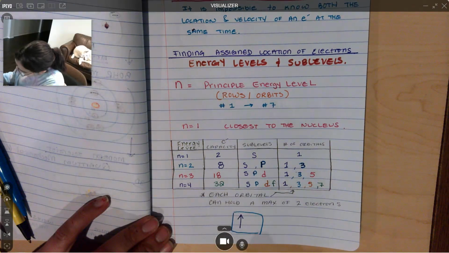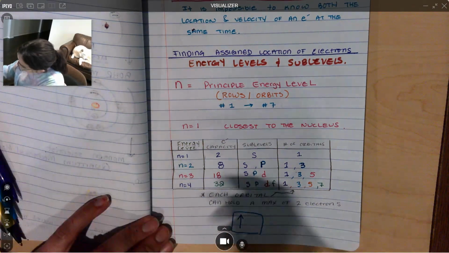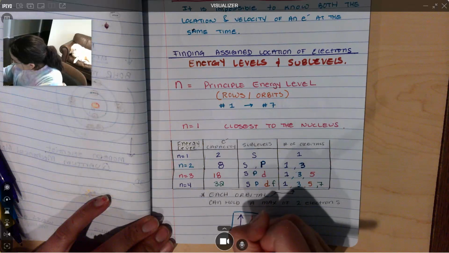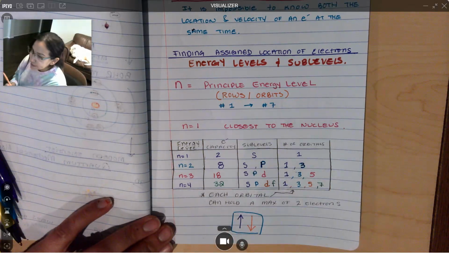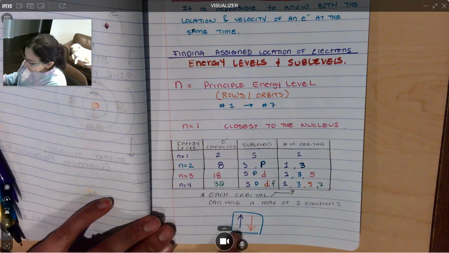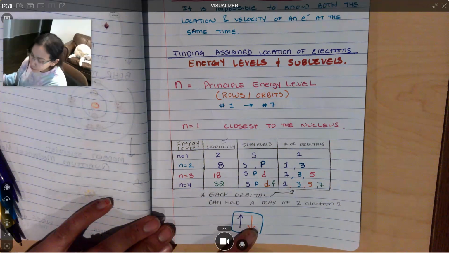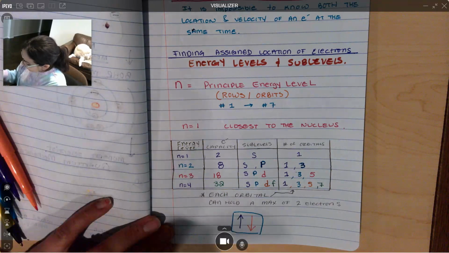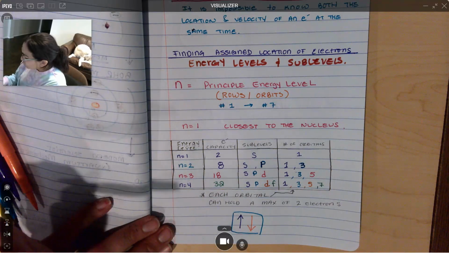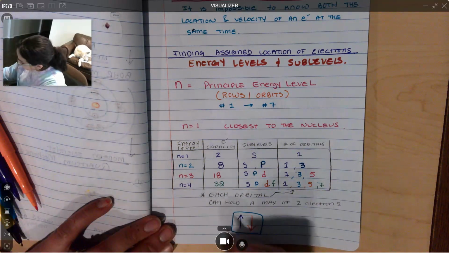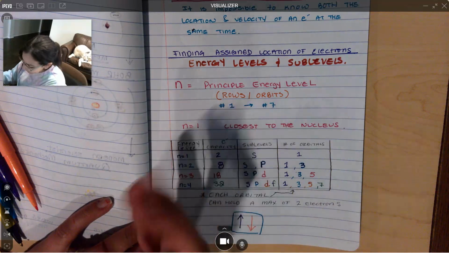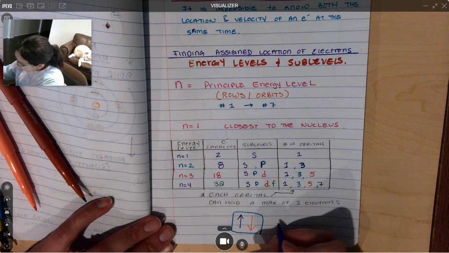spinning upwards, and I'm going to have an electron with an opposite spin. And we're just going to represent those spins with an arrow going up and an arrow going down. And in most cases, we actually do half of these spins, so you'll see half an arrow or something like that.